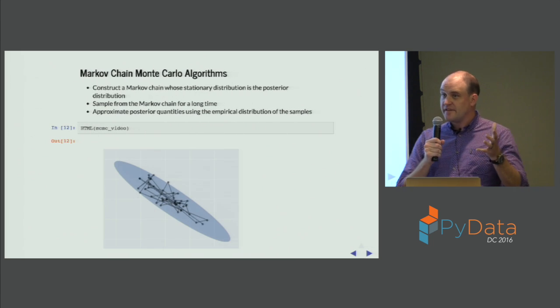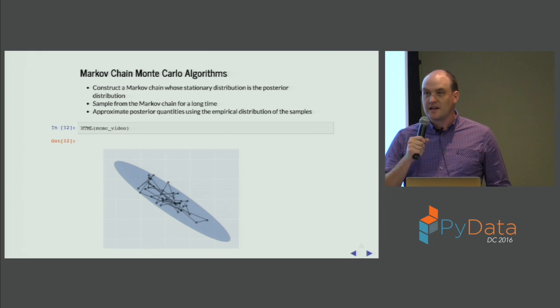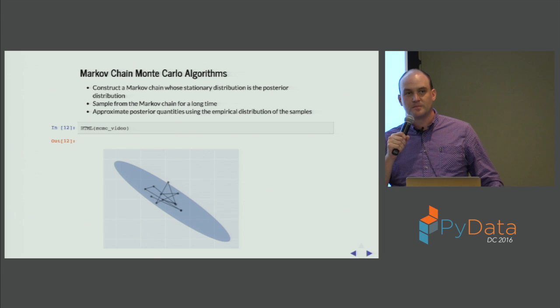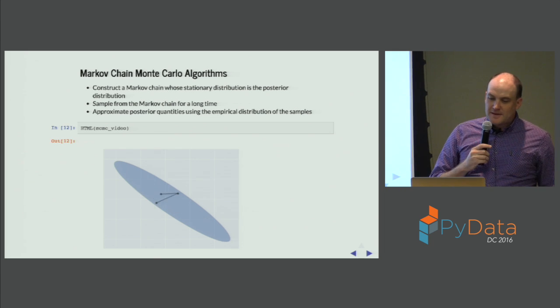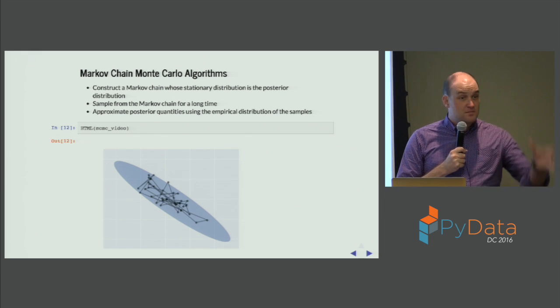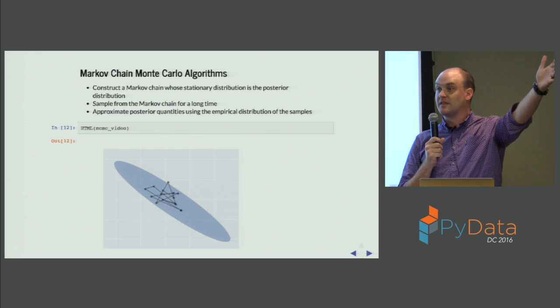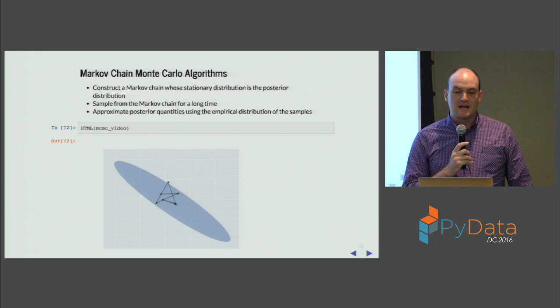So first, let's get a picture of what normally happens. What's the Markov chain Monte Carlo algorithm, which is probably the most used approximation? What's the fundamental idea? Construct a Markov chain whose stationary distribution is the posterior. The amazing thing about MCMC algorithms is that this is possible a lot of the time, but we take this for granted now.